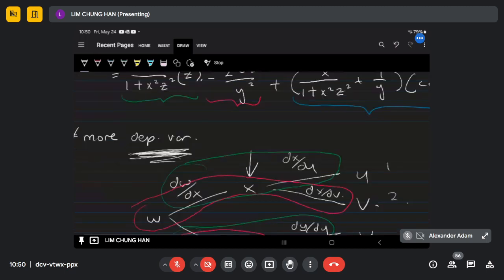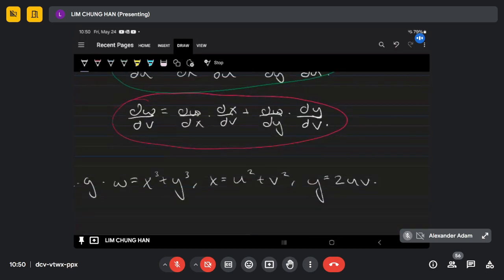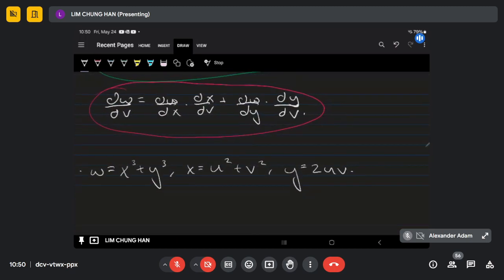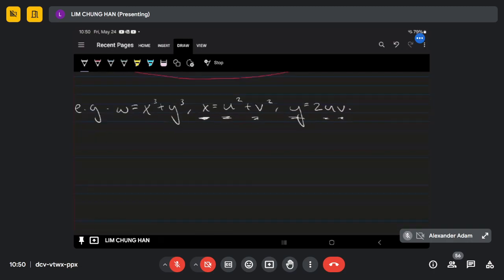But now you can see x is related to u and v. Y is related to u and v. So x is related to two variables, y is related to two variables as well now, which is why when you draw your tree, your intermediate is x and y.